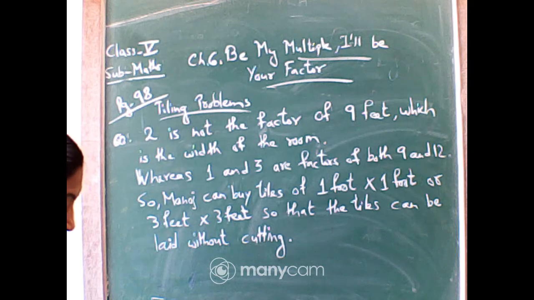See here, 3 friends are there and their houses are very near to each other, and from their house to the road there is a 90 feet path, and they want to tile that path.